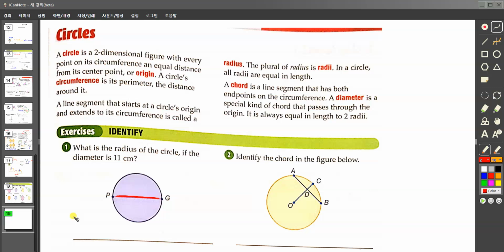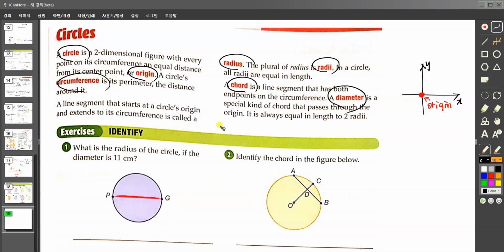I think it's an origin. Origin means there is a plane and this point is origin. This point. I know what it is. It's a circle of reference. Among these, there is an answer. Pick it up.